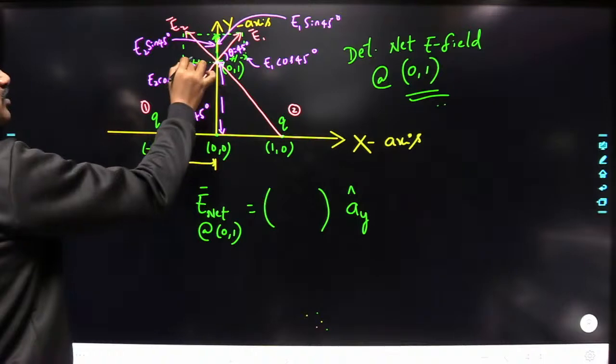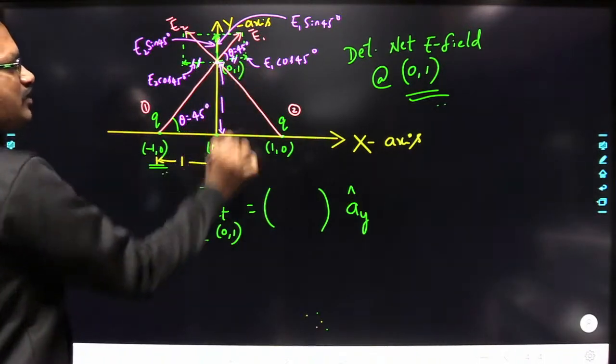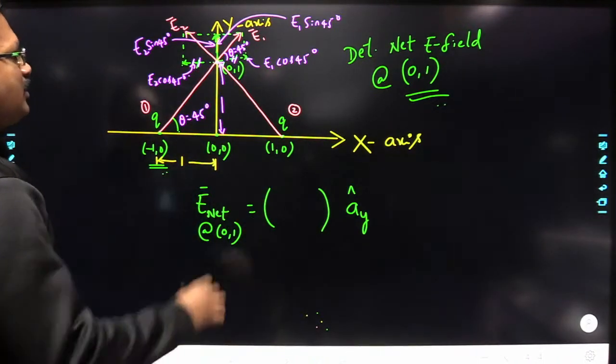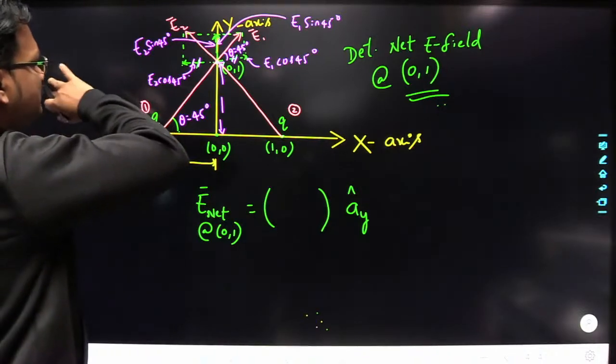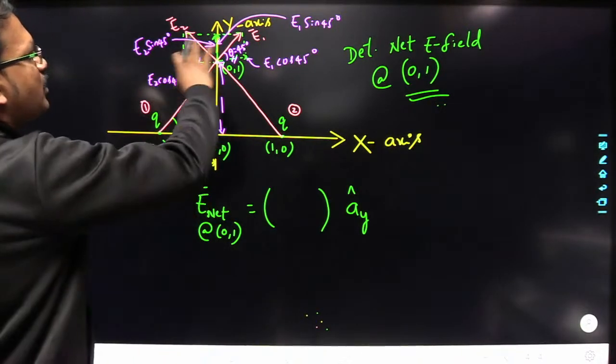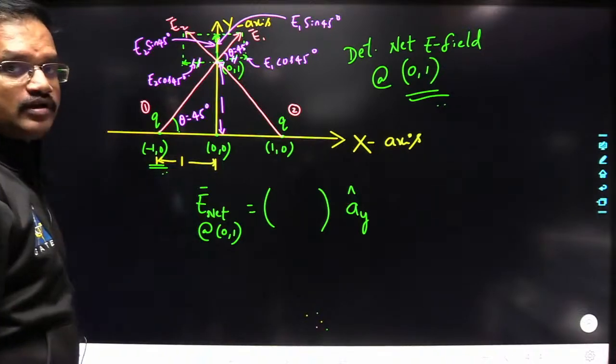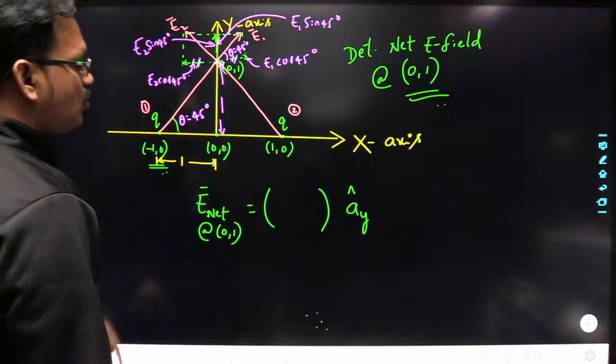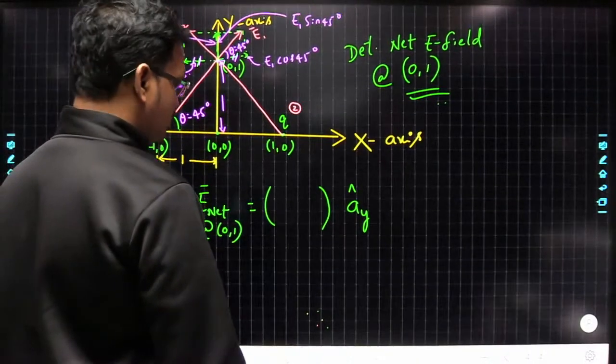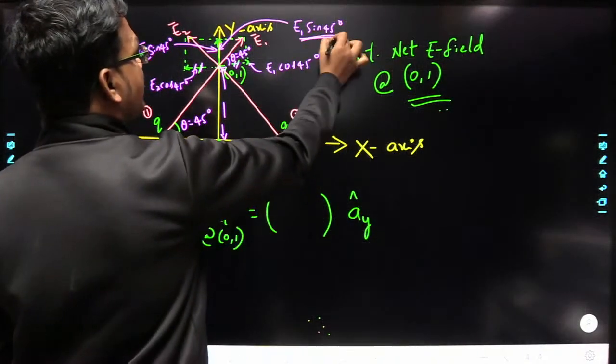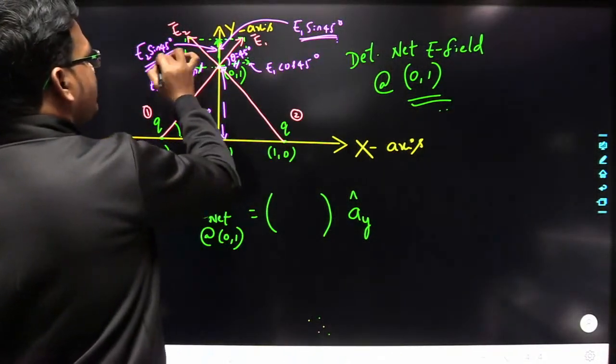So we have seen that these x components will get cancelled, and these y components will get added up. So what are the y components? E1 sin 45 and E2 sin 45.